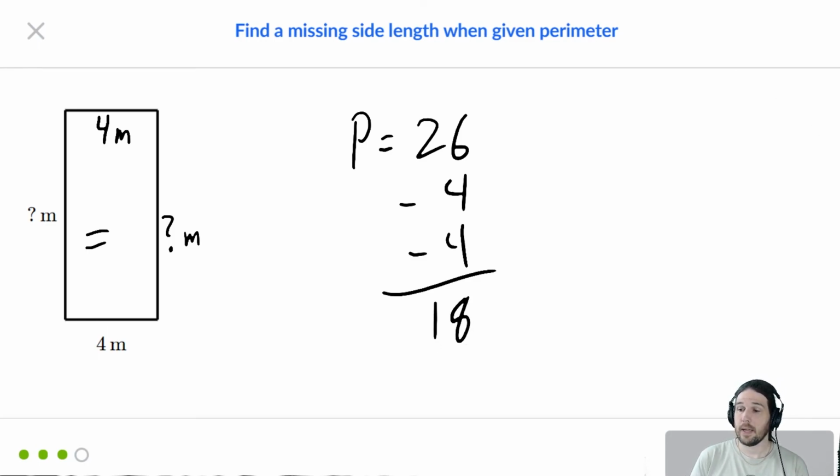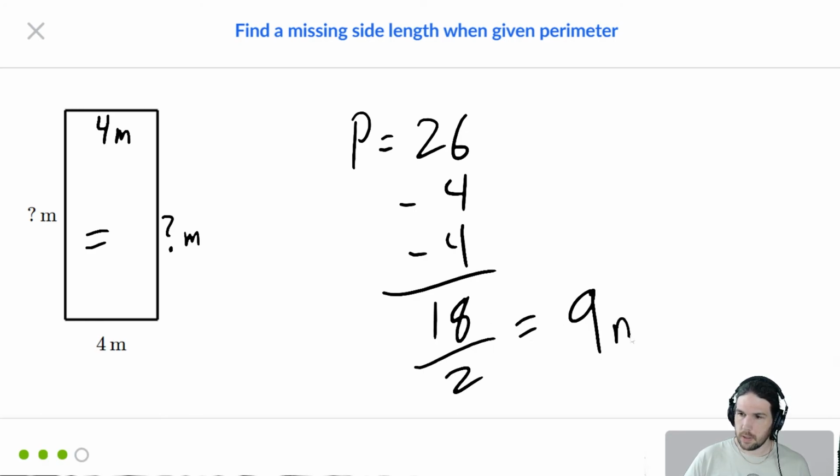And again, because we know that these two sides are equal to each other, rectangle, we can simply divide that number by 2 to get our answer of 9 meters. As a quick recap there, we know that the entire missing part of the perimeter is 18 meters.